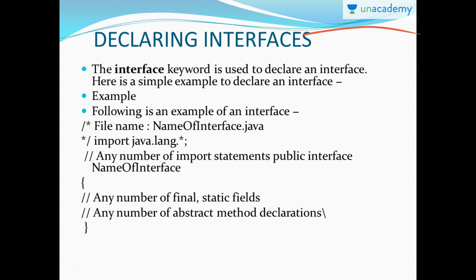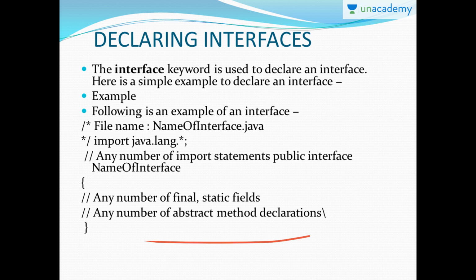First we write the file name, that is, the name of the interface .java, and this is the example: import java.lang, this would be the package, and after that we write any number of import statements, it could be anything, and the name of the interface is written, and in that interface we just have any number of final static fields and any number of abstract method declarations.